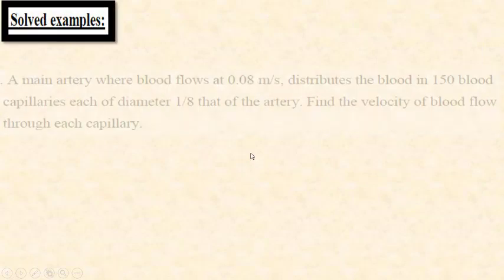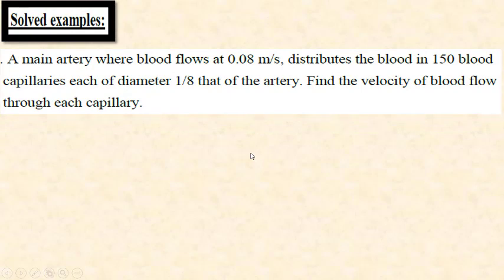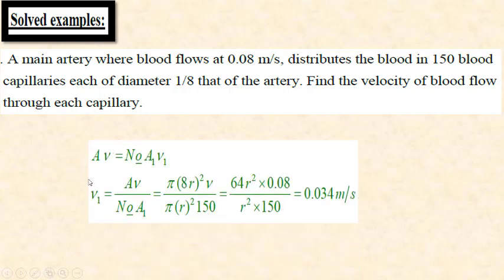Solve an example. A main artery, where the blood flows at 0.08 meter per second, distributes the blood into 150 blood capillaries, each with a diameter 1/8 of the main artery. Find the velocity of the blood flow through each capillary. Okay, A V equals the number of capillaries multiplied by A1 V1.